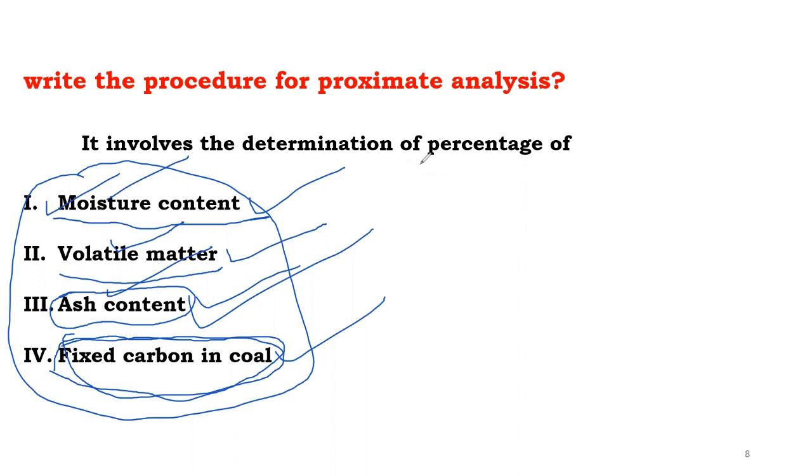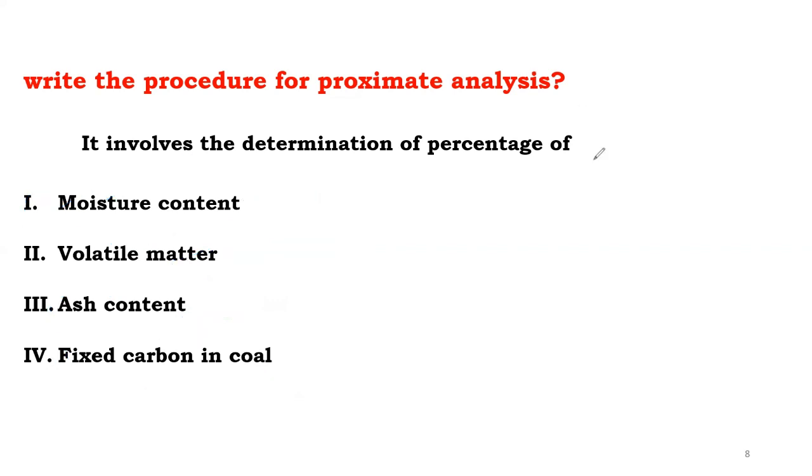That's why the determination of the physical properties is also called proximate analysis. So I hope everybody understands, students. Next we'll go through the laboratory procedure: how we'll do the moisture content, the volatile matter, the ash content, and the fixed carbon content.